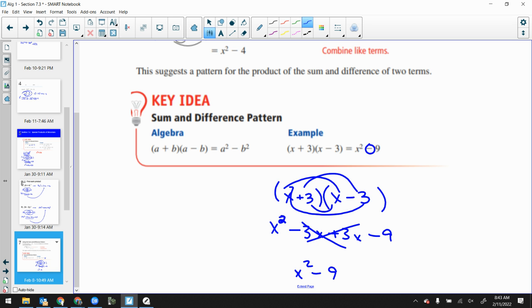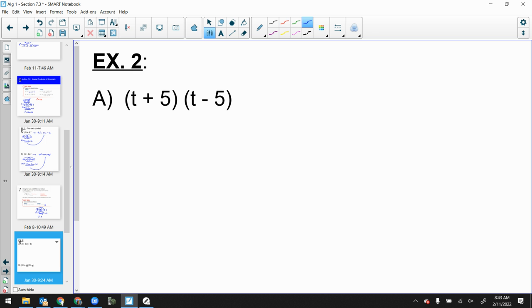Let me show you what I mean. I've got t plus 5, t minus 5. Could you FOIL this? Of course. I never FOIL this. What's my first term squared? t squared.